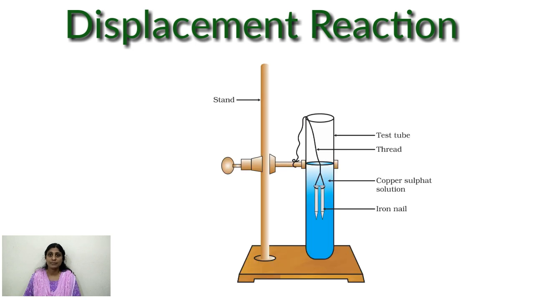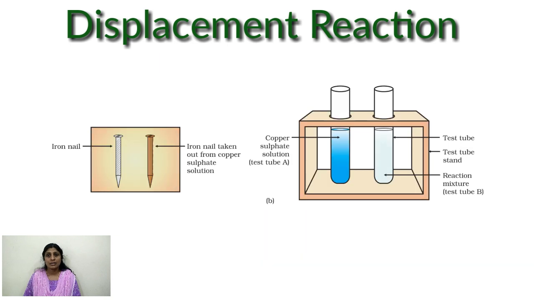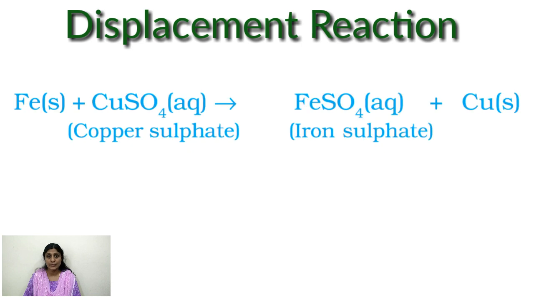For example, when an iron nail is placed in copper sulfate solution, iron metal displaces copper from copper sulfate solution and forms iron sulfate and copper. The equation is iron, Fe in the solid state, plus copper sulfate, CuSO4 aqueous, giving FeSO4 aqueous plus copper in the solid state.